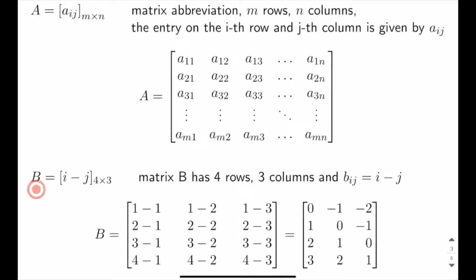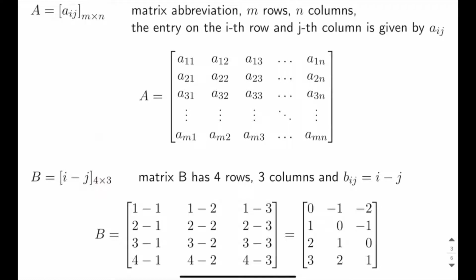Let's consider an example. The matrix B is given by the formula here. You can see that instead of writing a big matrix of 4 rows, 3 columns, we can just write something as short as this. And in case we need it, we can easily recover the matrix B as we wish.